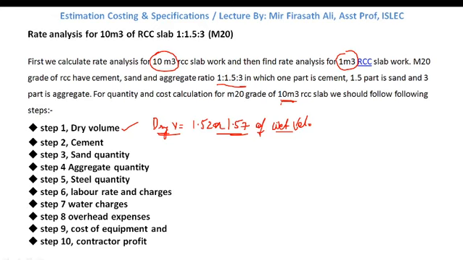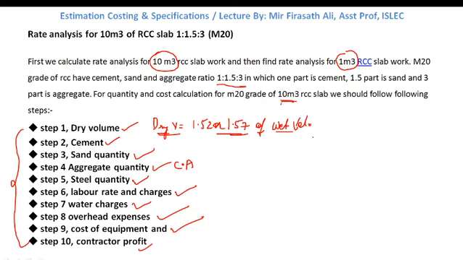The next is the quantity of cement, the quantity of sand, and the quantity of aggregate, here meaning coarse aggregate. Then how much is the steel quantity, labor rates and charges, water charges, overhead expenses, cost of equipment and contractor profit. If we sum all these, we get the rate analysis.